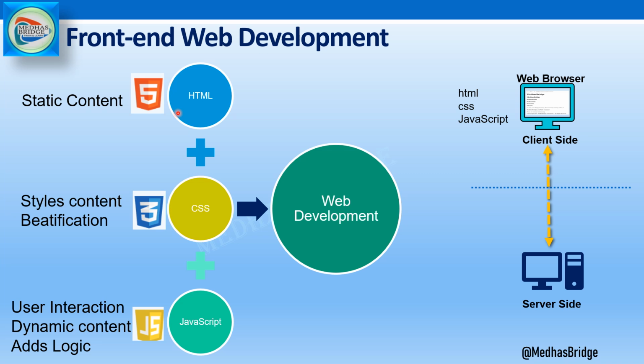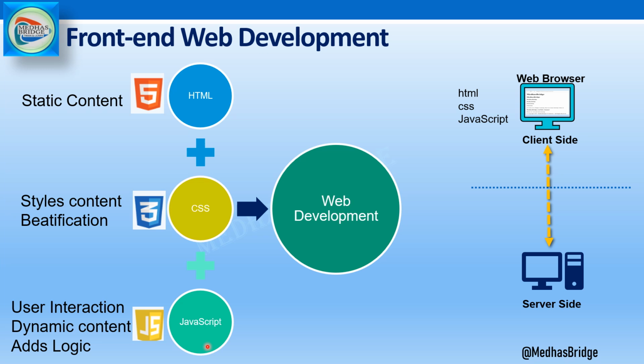Now, why would you need JavaScript? We use JavaScript for user interactions, dynamic page development, and dynamic content display on the screen. How is that achievable? Because JavaScript is a programming language, which means you can add logic in your code.